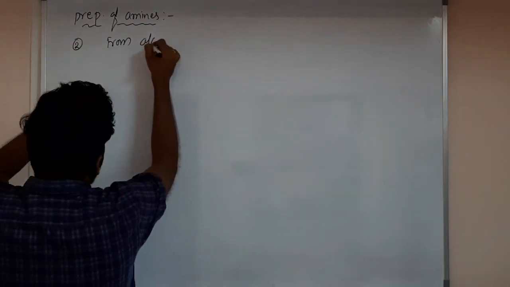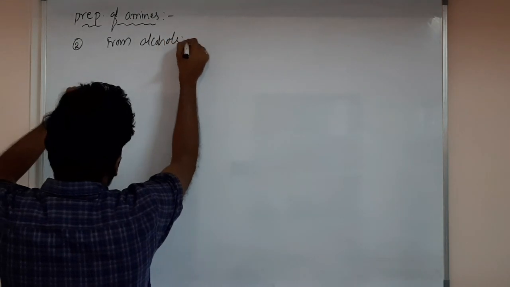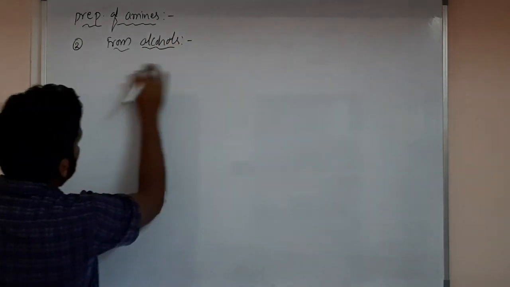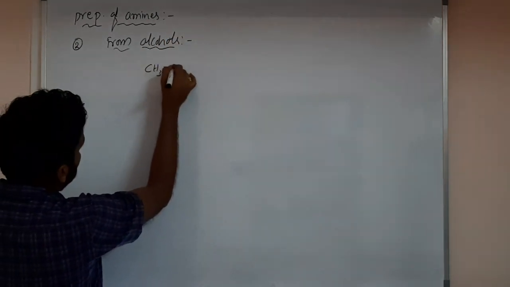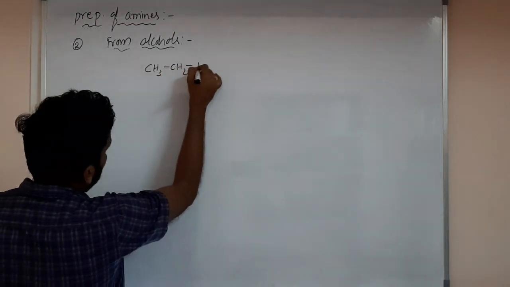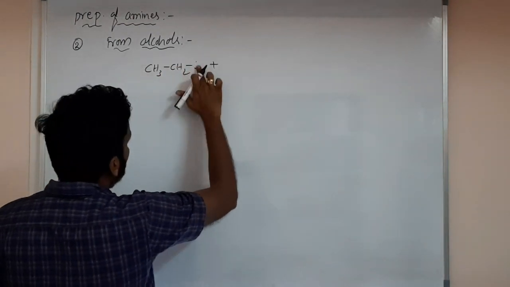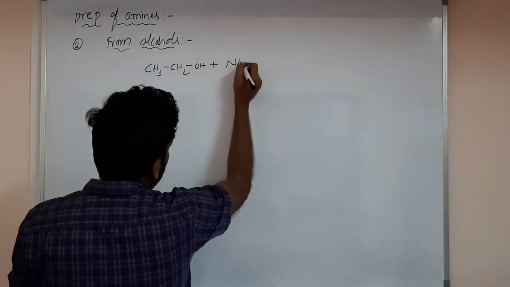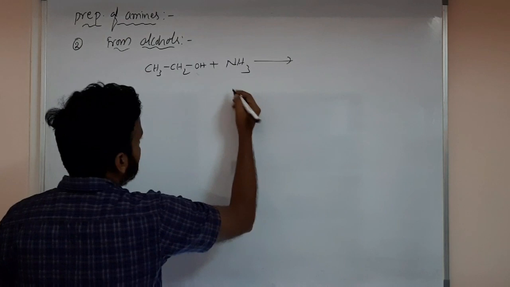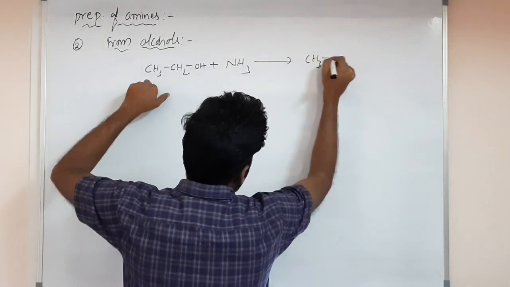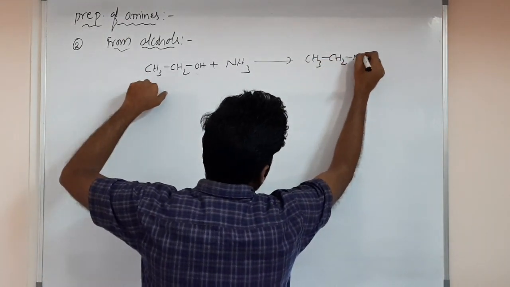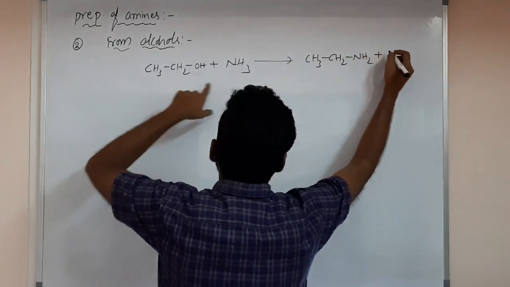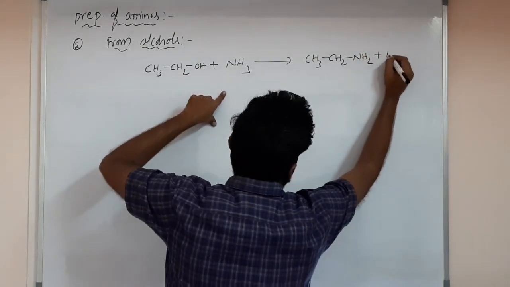I'll write CH3CH2OH with NH3, and what you get is CH3CH2NH2 plus H2O.